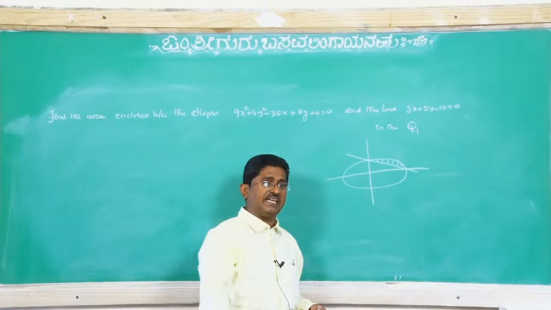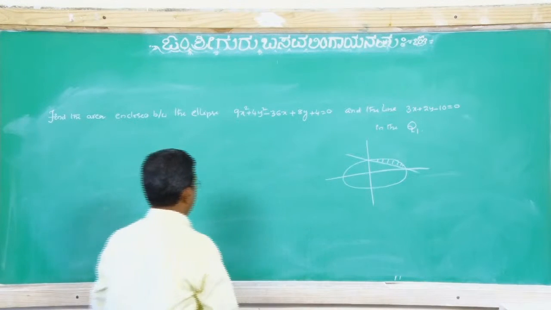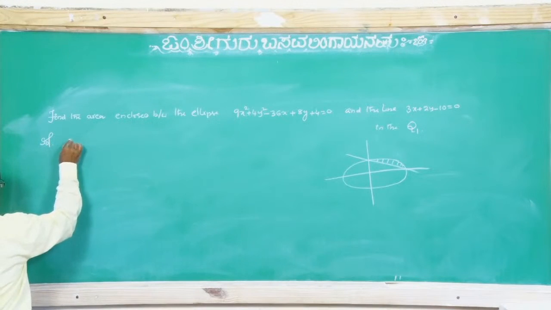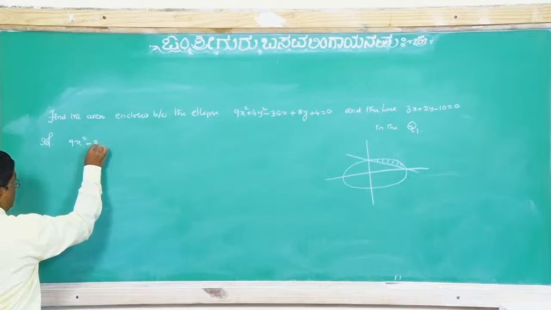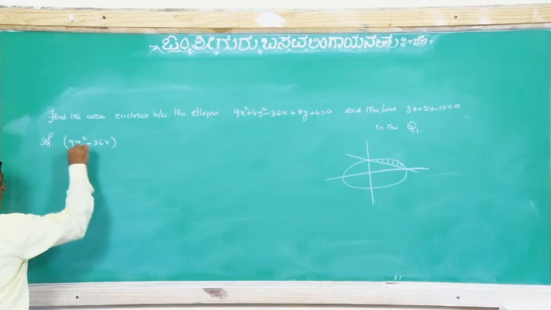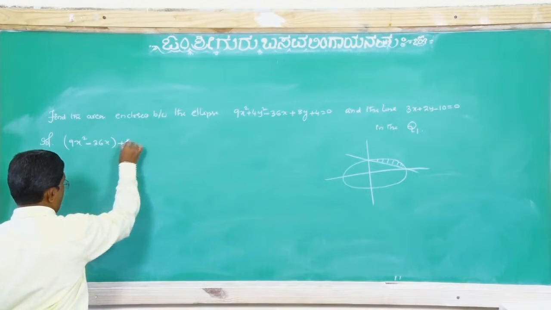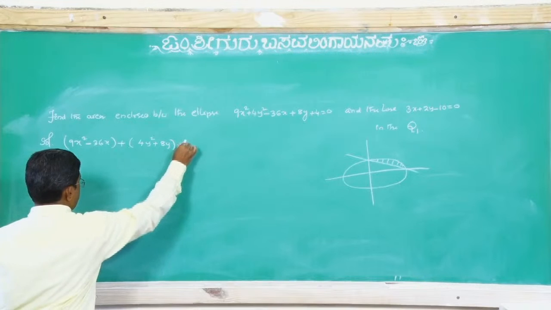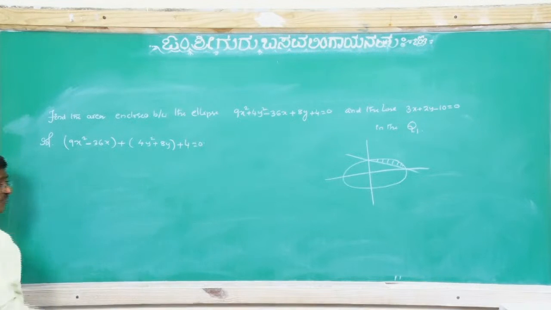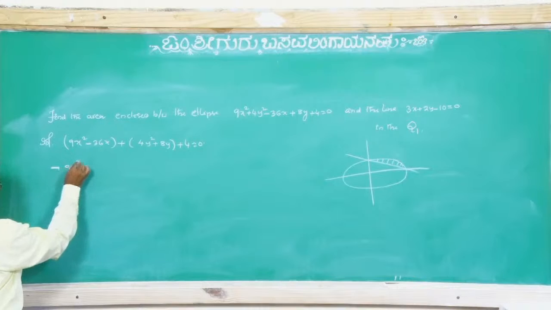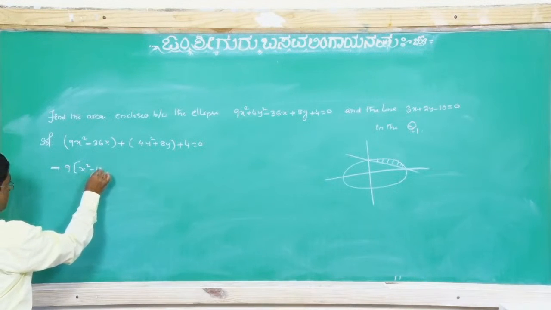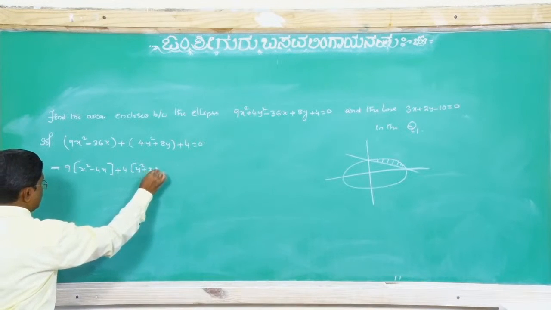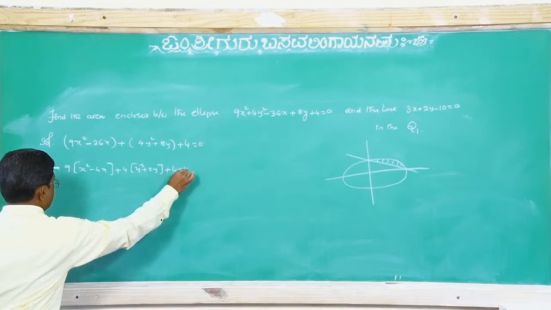First of all, make the standard form of the ellipse. In the solution, 9x square, x coefficient separate and x square coefficients combining, y term separate and y square plus 8y plus 4 equal to 0. First two terms 9 common factor, x square minus 4x, 4 common factor y square plus 2y, plus 4 equal to 0.